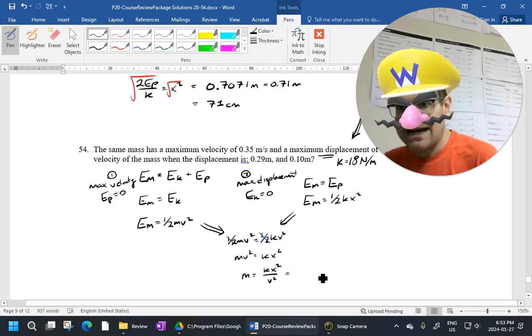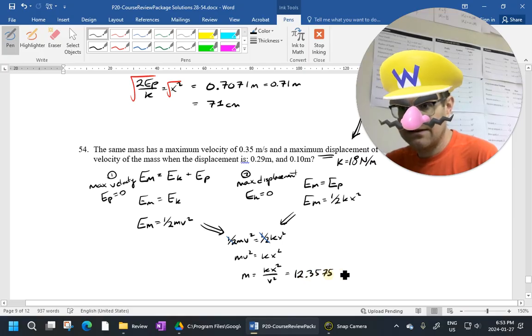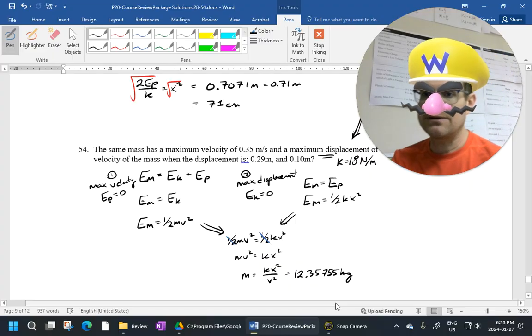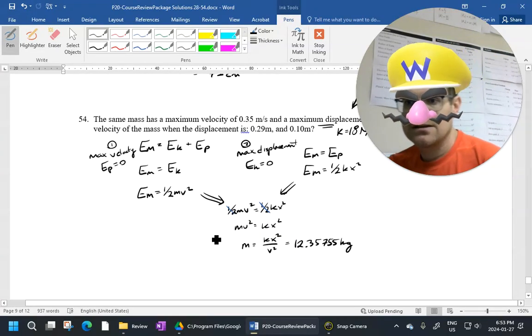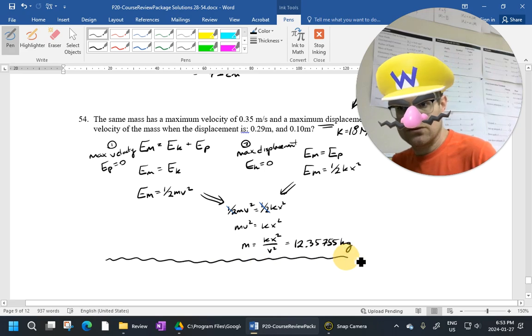So I can find the mass to be 12.35755 kilograms. Okay, so now we know our mass. All that work just to find our mass.